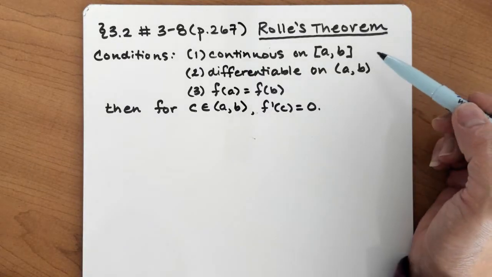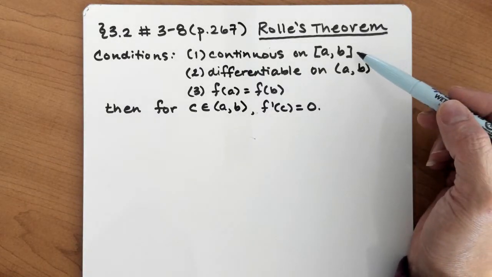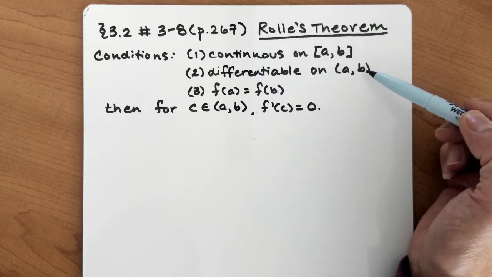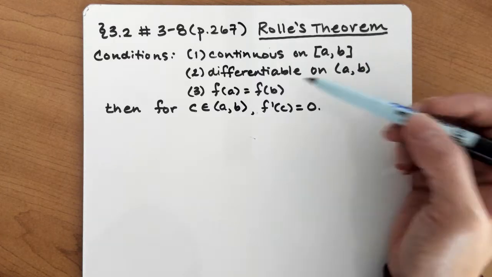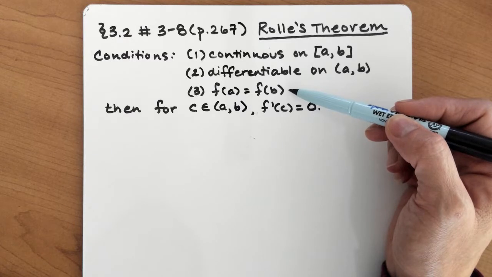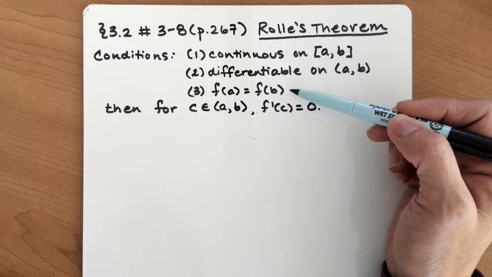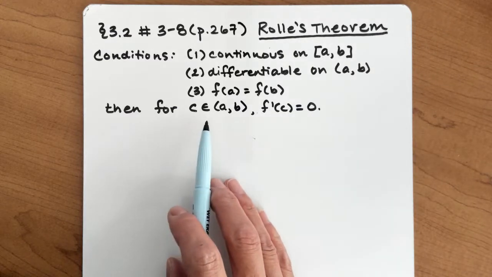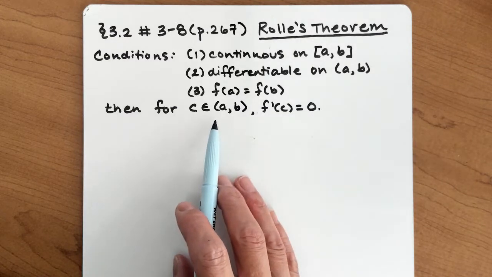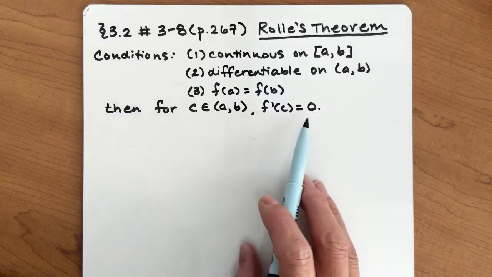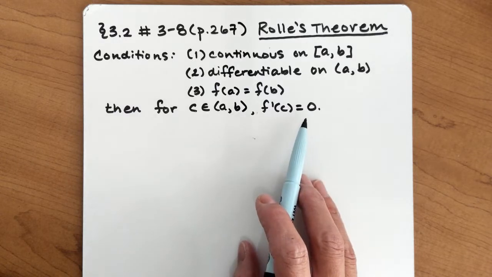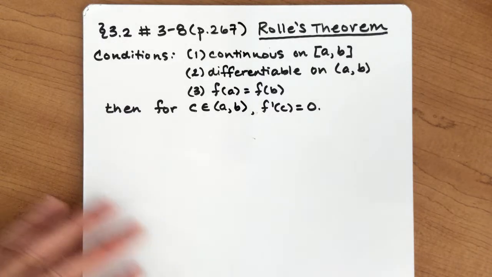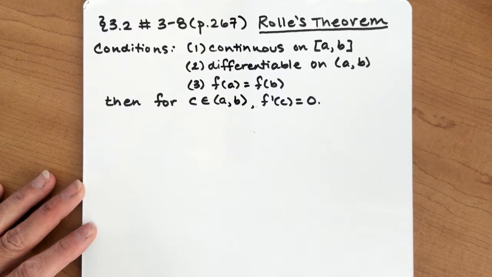So if a function is continuous on a closed interval and differentiable on an open interval, and if f of A equals f of B, if the y values of the endpoints are equal, then there's some point between where x is A and x is B where the derivative is 0, or the slope of the tangent line is 0. Okay, so let's look at an example.